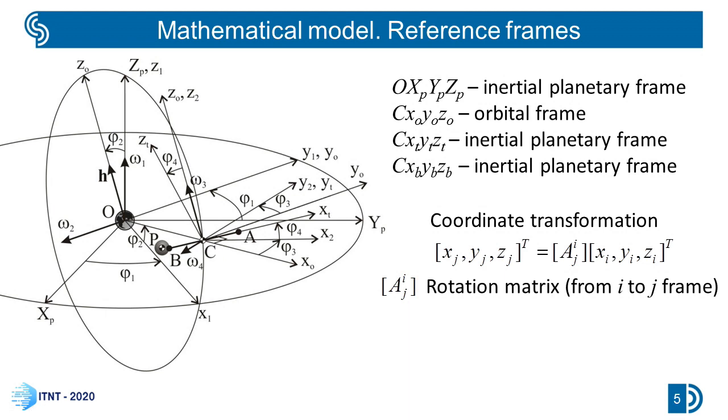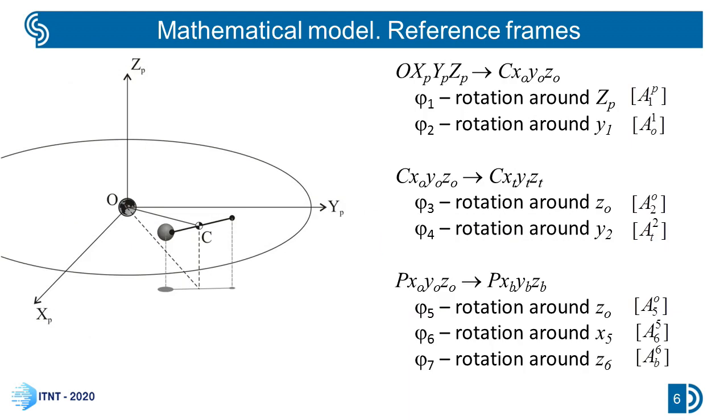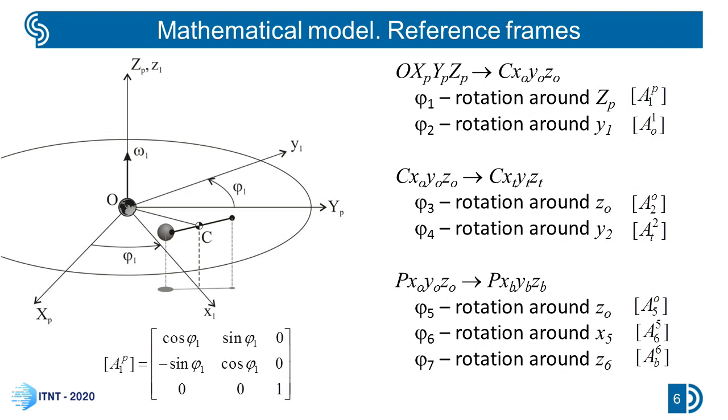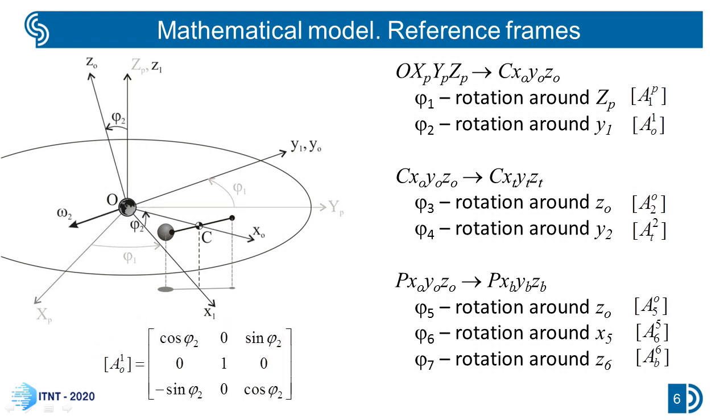To transfer from an inertial reference frame to an orbital frame, we need to make two turns. The first one is rotation around the z-axis. Here you can see the corresponding rotation matrix, and the second rotation is rotation around the y-axis. I draw your attention that the second turn is made clockwise.